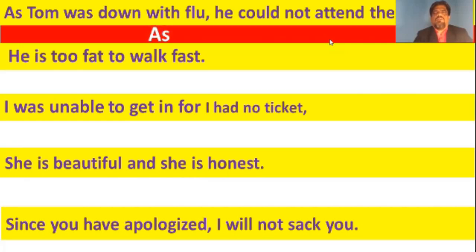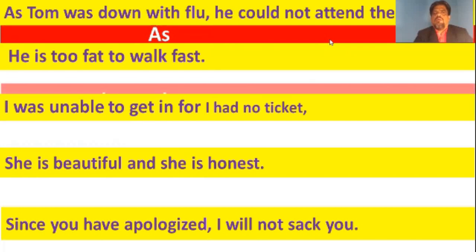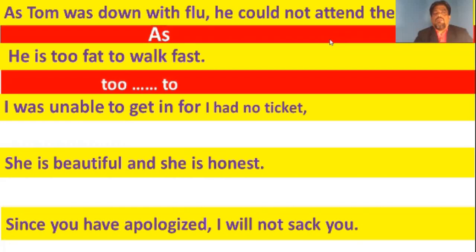You remove the conjunction, then you will get "Tom was down with flu," full stop. "He could not attend the class," full stop. 2 sentences. And next, "He is too fat to walk fast." The conjunction "to" is used here. It's a paired conjunction, you must remember that.